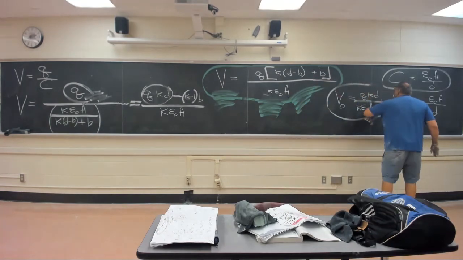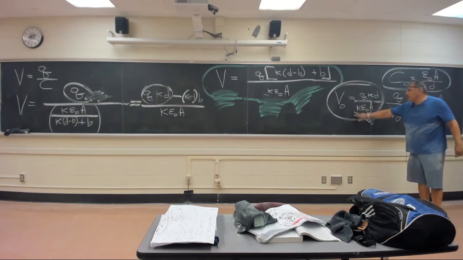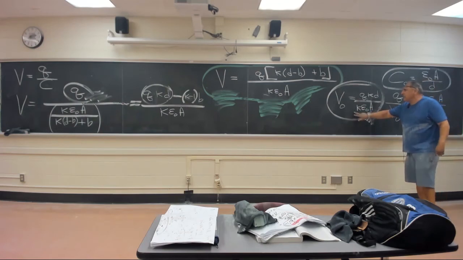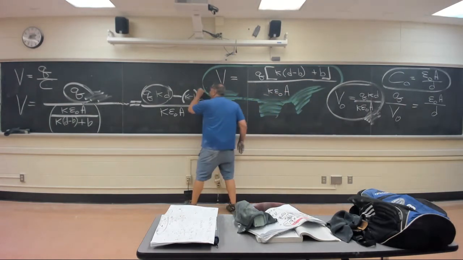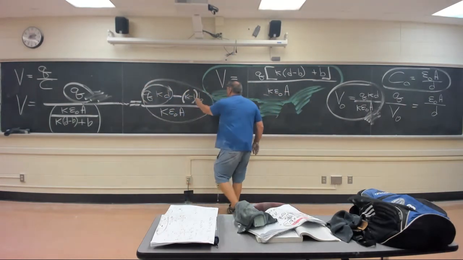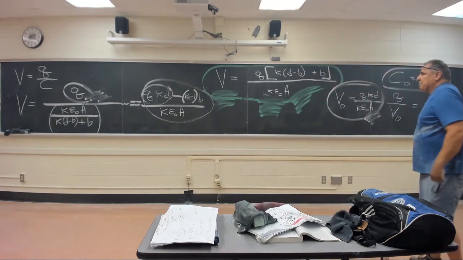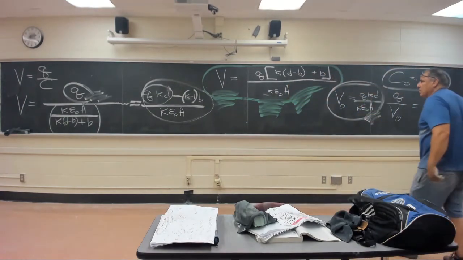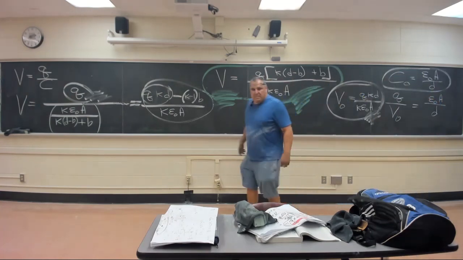This is what it was. This was the voltage between the plates before the dielectric was inserted, and this is the voltage between the plates after the dielectric was inserted. Absolutely true. What does that mean?